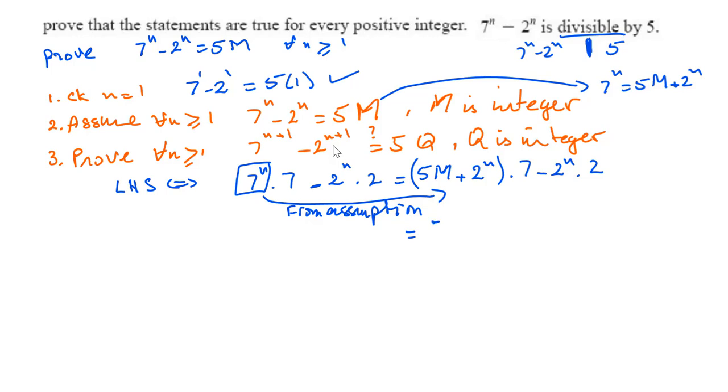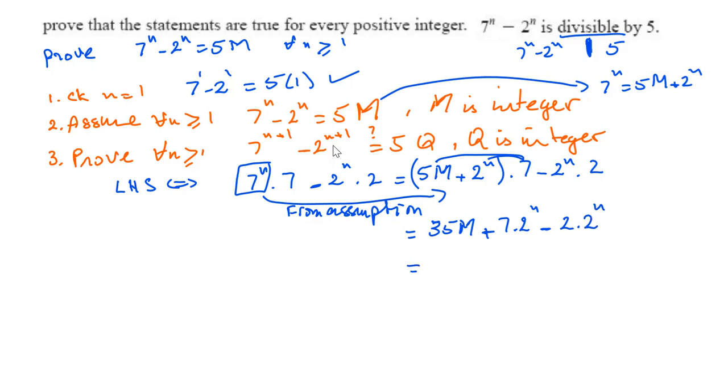So if I distribute 7 times 5m is 35m, 7 times 2 to the n is 7 times 2 to the n, and then I have minus 2 times 2 to the n.